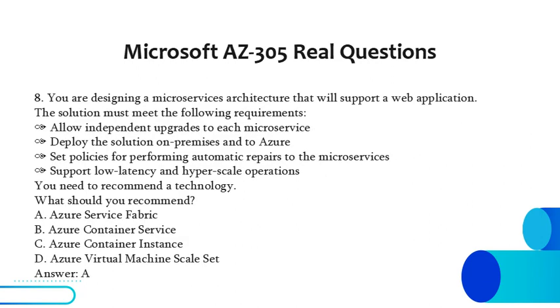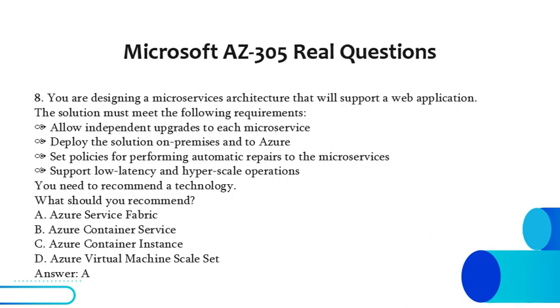8. You are designing a microservices architecture that will support a web application. The solution must meet the following requirements. Allow independent upgrades to each microservice. Deploy the solution on premises and to Azure. Set policies for performing automatic repairs to the microservices.